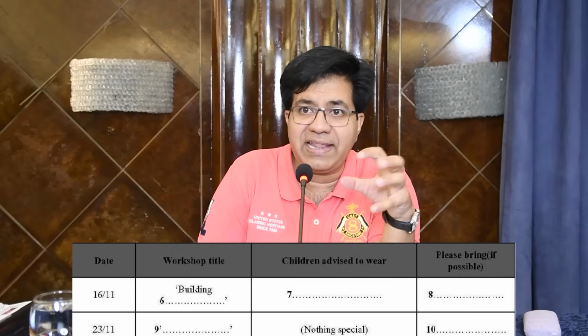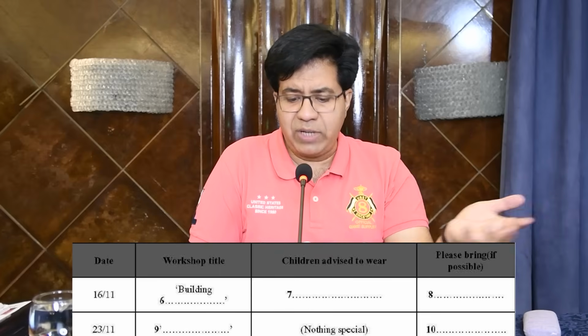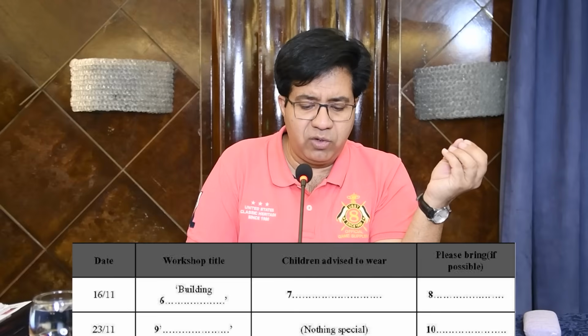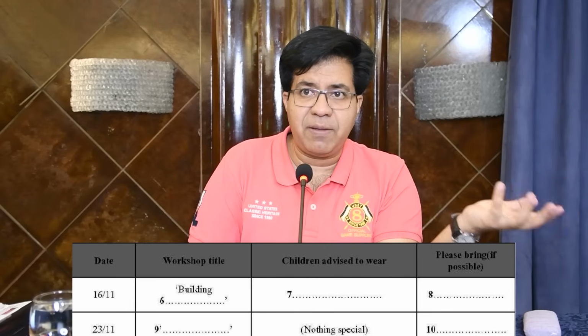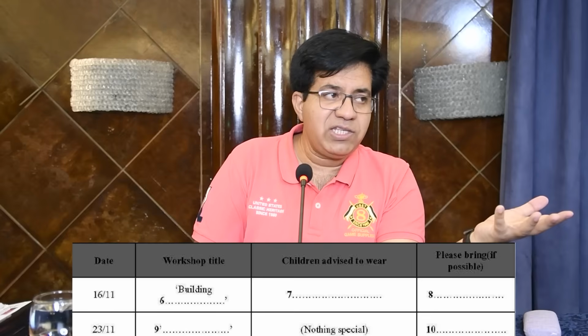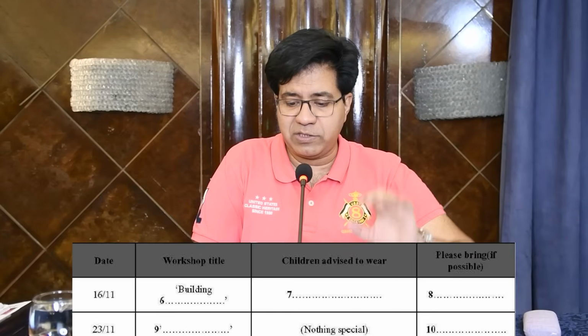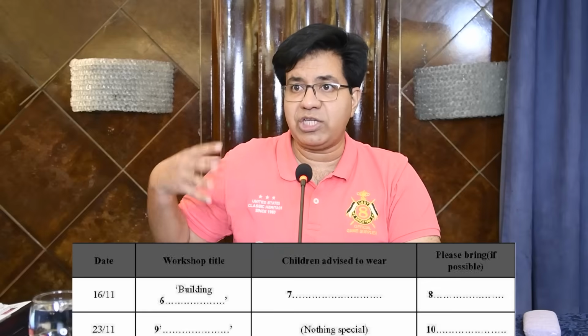Now, what is it that they need to bring if possible? If not possible, no problem. So now 3 questions in one go. Question number 6 is building something. It's the title of the workshop. Question number 7, they advise children to wear something. And question number 8, they need to bring something if possible. Okay? For example, bring lunch if possible.